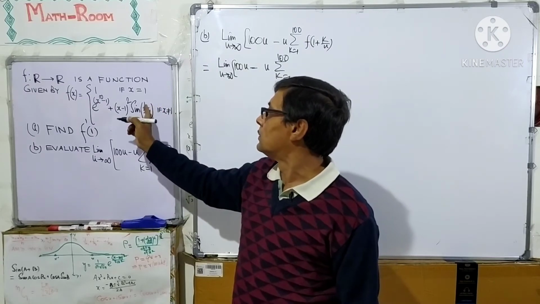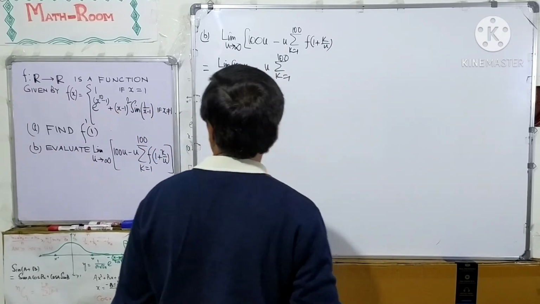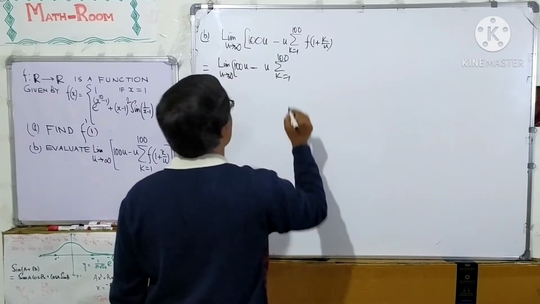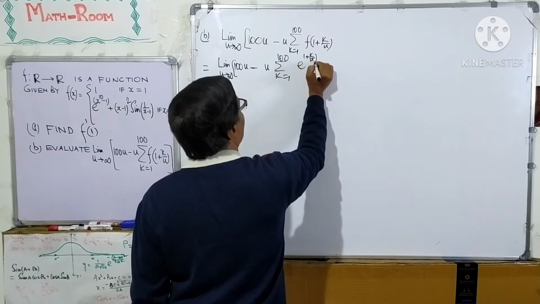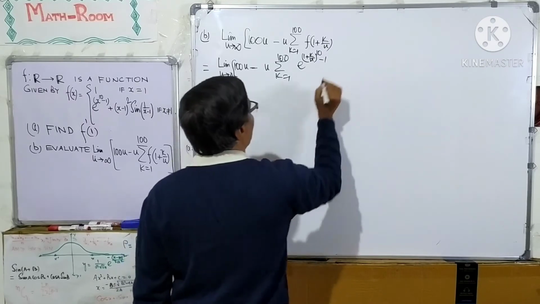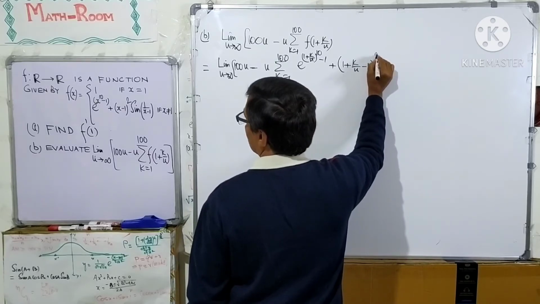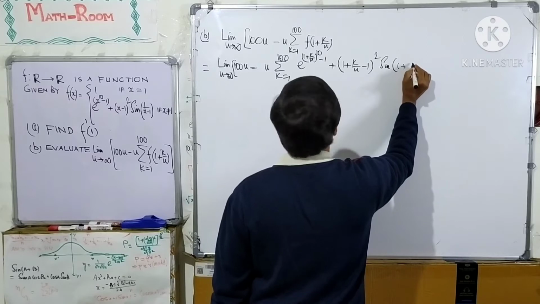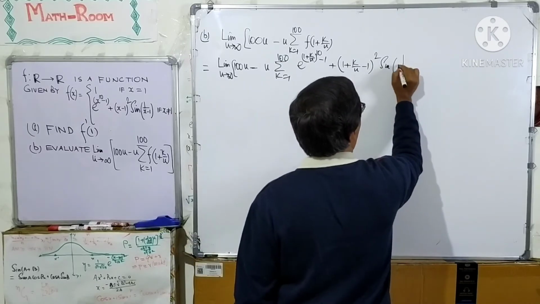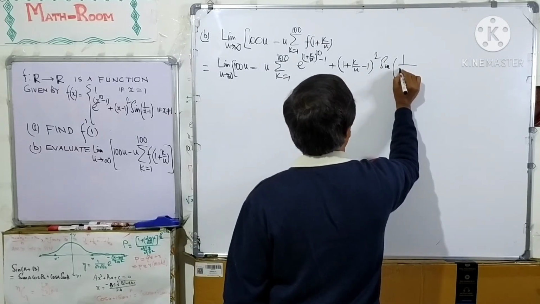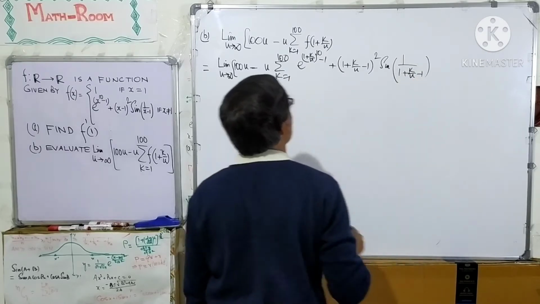So we can choose the second part of this function, and the value of this function at x equal to 1 plus k over u is e to the power (1 plus k over u) to the power 10 minus 1, plus (1 plus k over u minus 1) whole square times sin of 1 over (1 plus k over u minus 1).